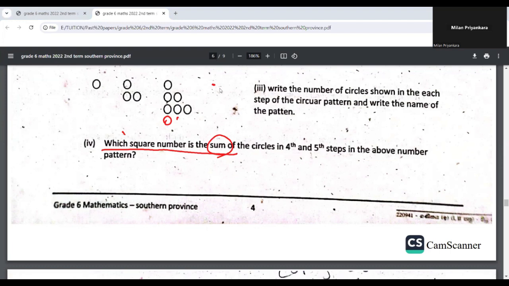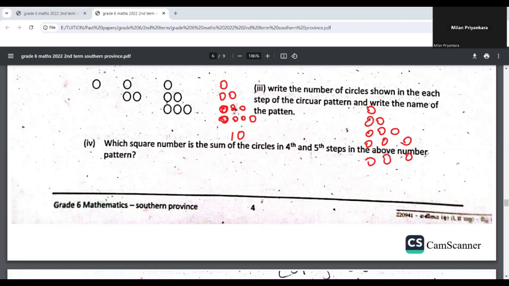Okay, let me draw that. Now you see that in the fourth step there are 10 circles, and the fifth step is going to be like this.